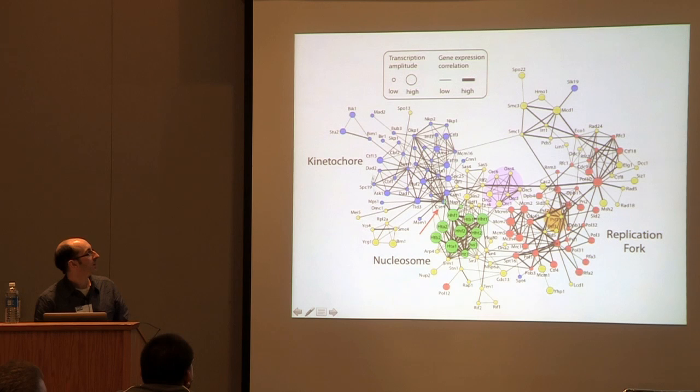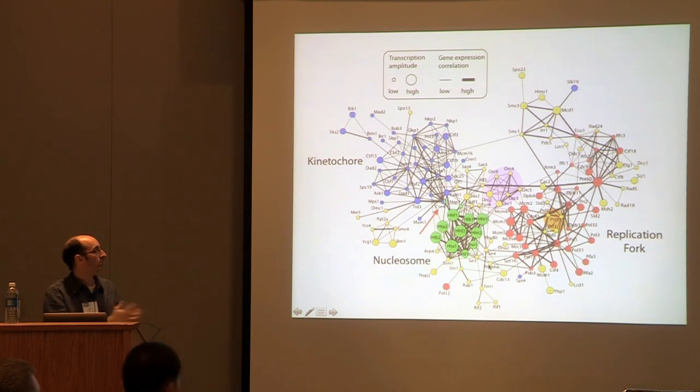The kinetochore is blue, the nucleosome is green, the replication fork is red, and yellow is other functions that aren't specified. So you can see that there's quite a lot of information on this network, and I'll go into a little more detail about what you want to extract from a network like this in later slides.